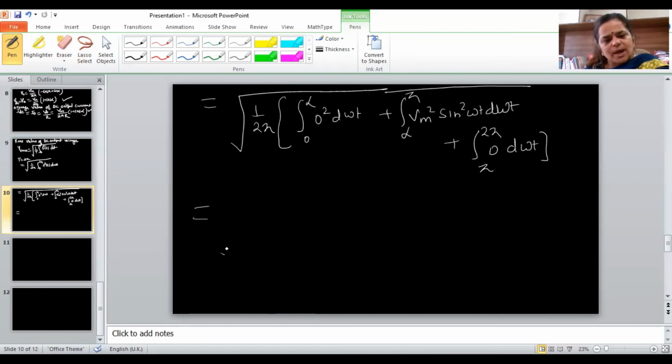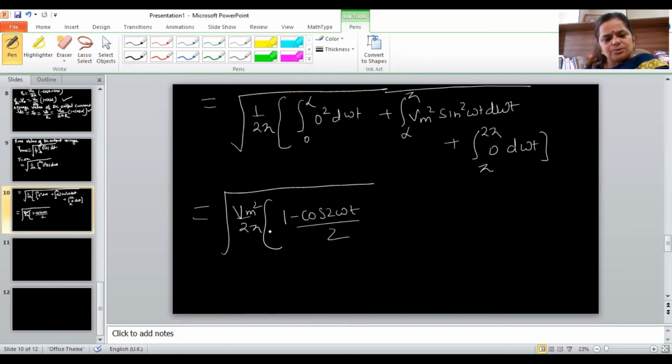So what am I going to get? Under root 1 upon 2 pi. Now Vm square I can take out. Sin square omega t I can write as 1 minus cos 2 omega t by 2, and do the integration between alpha to pi d omega t.